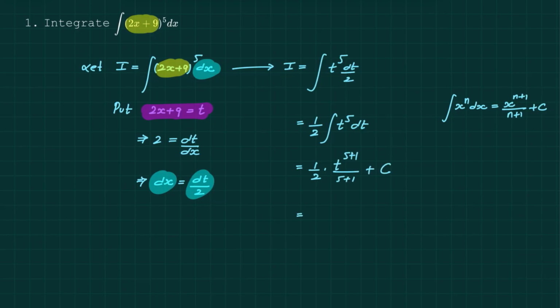Hence it will be 1 by 2 into t to the power 6 by 6 plus c, and 2 times 6 is 12, and let us put back the value of t, that is 2x + 9. From here we know t equals 2x + 9. So here instead of this t, I'll put back the value of t, giving (2x + 9) to the power 6 over 12 plus c. So this is the required answer.